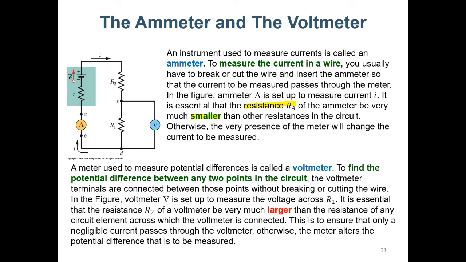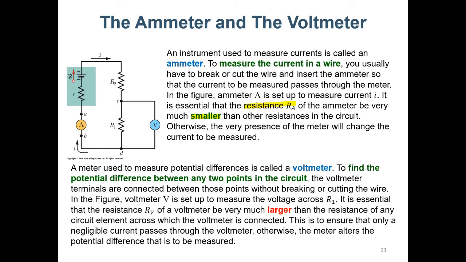Otherwise, the very presence of the meter will change the current to be measured. As long as this one has another resistance RA, then the current will become VCD minus E over R2 plus r plus RA. Then you will influence the operation of the circuit.